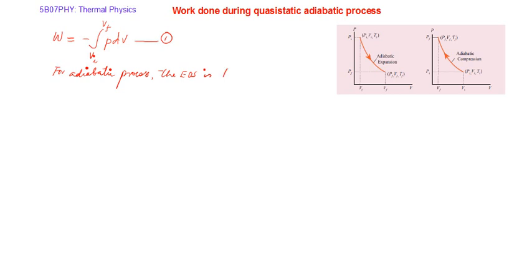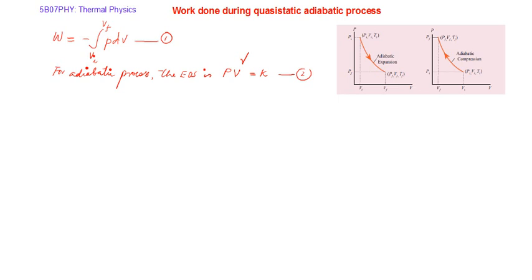It is written in three different forms. I am using one of the familiar forms, PV raised to gamma equal to a constant. So let's call that constant K. Let me say this is my second equation.